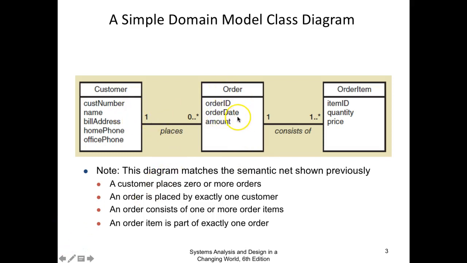When the order requires at least one order item, we say this is a mandatory association for the order. So the order does not exist without being associated with an order item. Okay, that's mandatory. On this side, an order item, excuse me, must belong to an order, otherwise it doesn't exist.